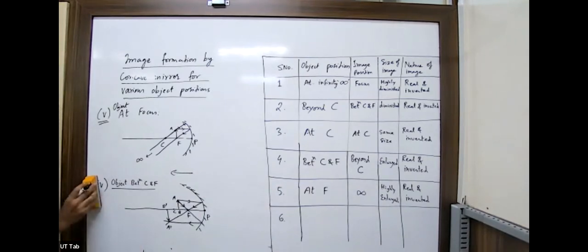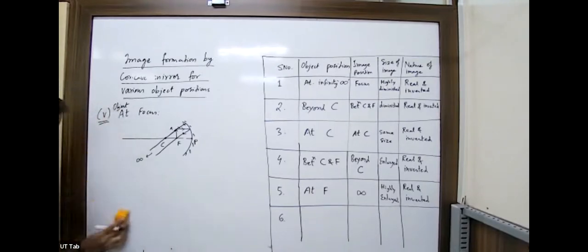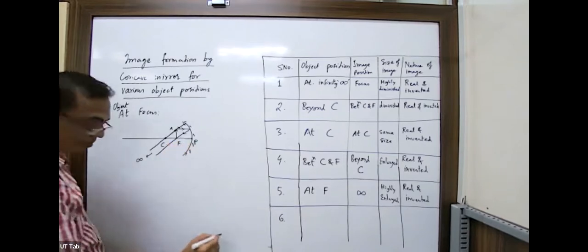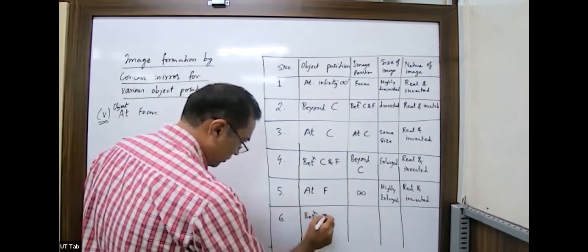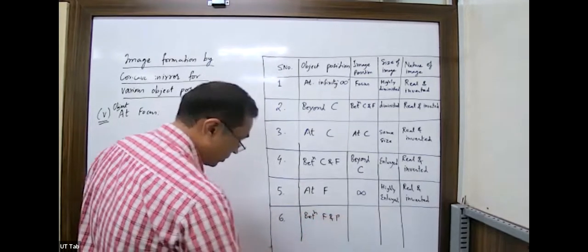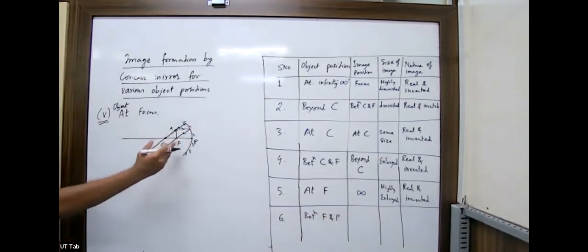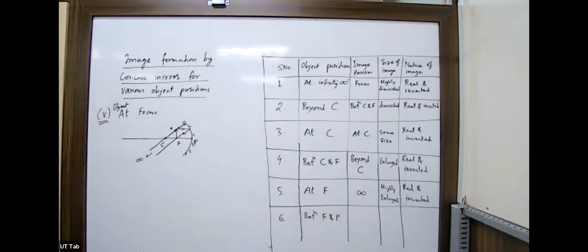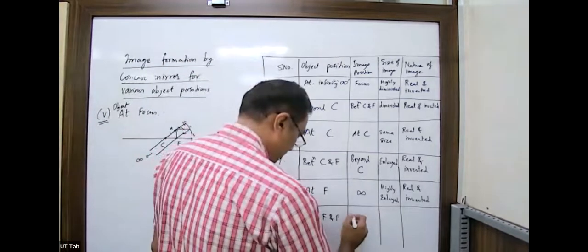Last one, and it is very important. Generally asked in exam. So what is the last position? Between F and P. So what do you expect? This has come here, so image will go further away. So image position is behind mirror.